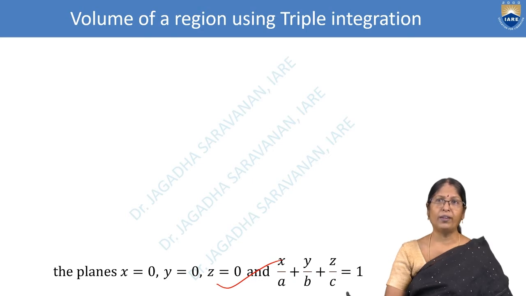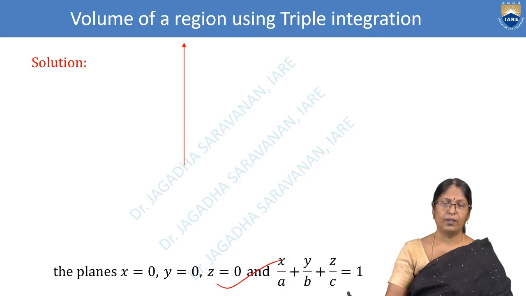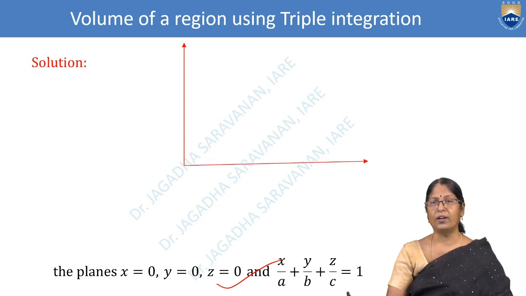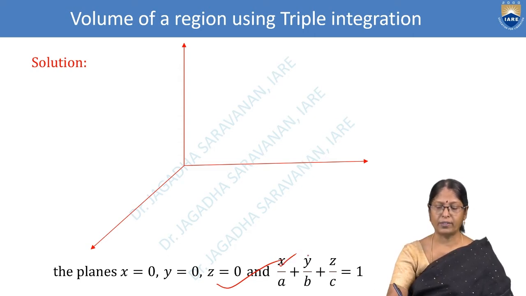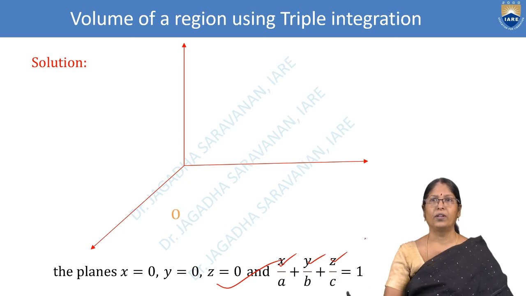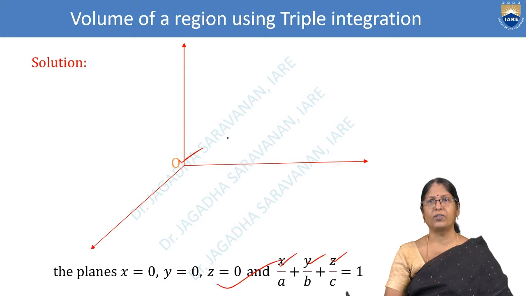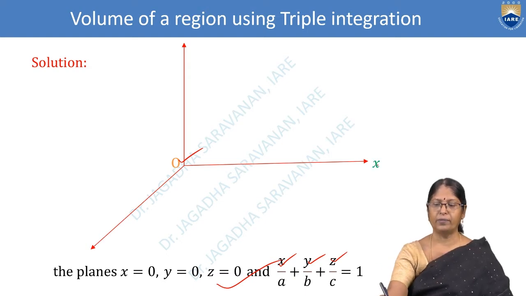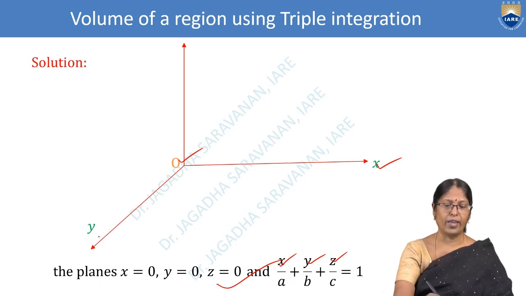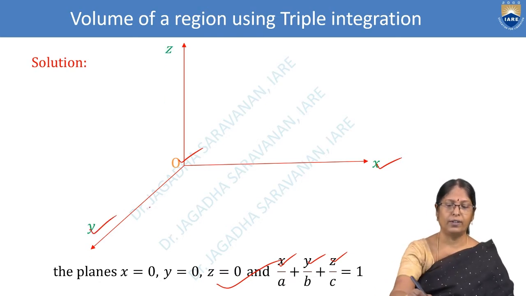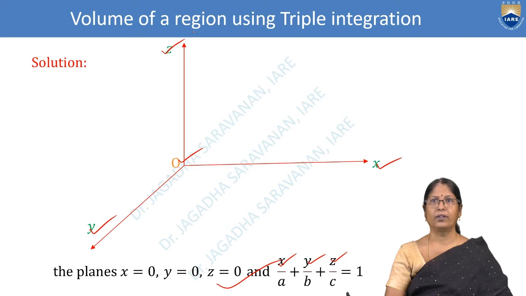According to that, we are going to draw the diagram. There are three axes, because it is x, y, z. This is the origin, and the axes are named x-axis, y-axis and z-axis.